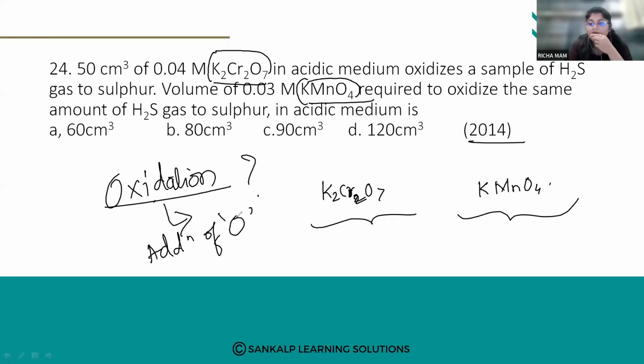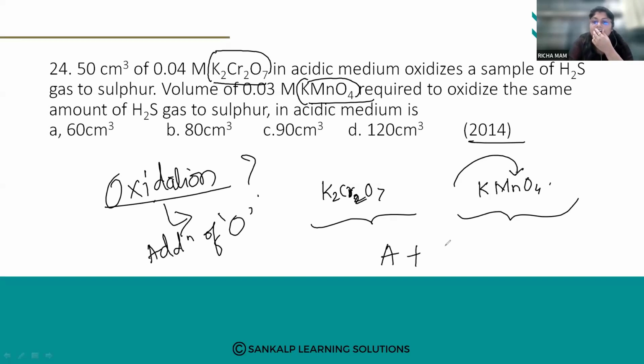Now, what is the role of an oxidizing agent? An oxidizing agent oxidizes other and itself undergoes reduction. When it oxidizes other, it will add oxygen to the other molecule.